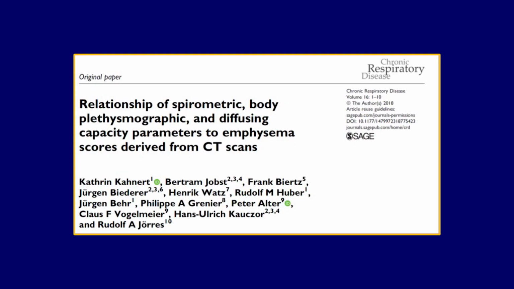And here these authors investigated the relationship of spirometry, body plethysmography, and diffusion capacity parameters in patients where emphysema was diagnosed by CT.